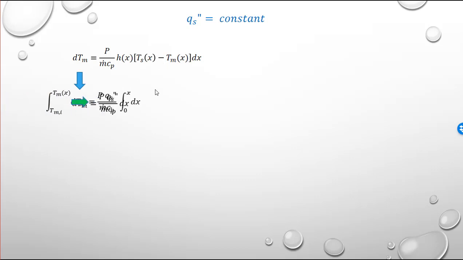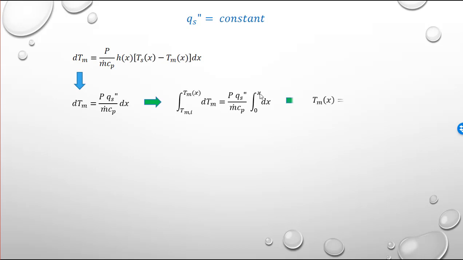This term can then be integrated from the entrance condition into the tube. Tm,i is the mean temperature at the inlet, and we'll integrate that up to some axial position. On the right-hand side, the axial position is 0, going up to some arbitrary axial distance.